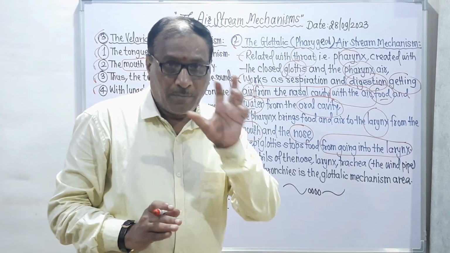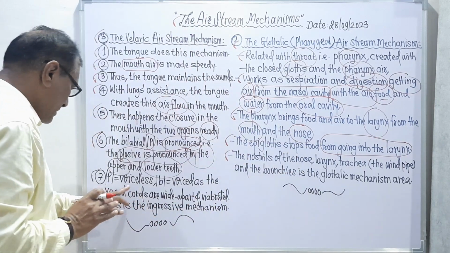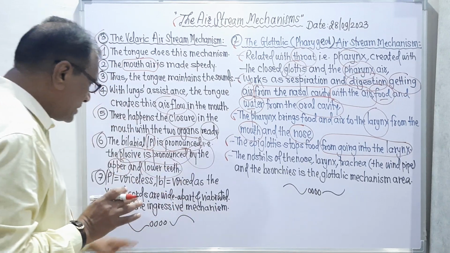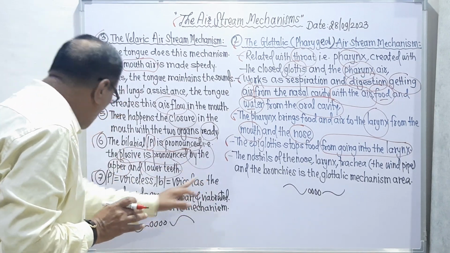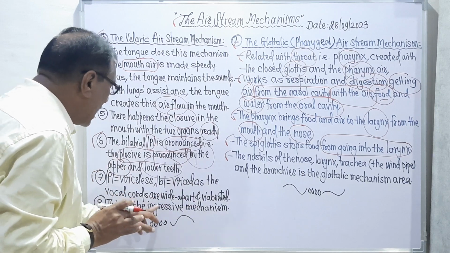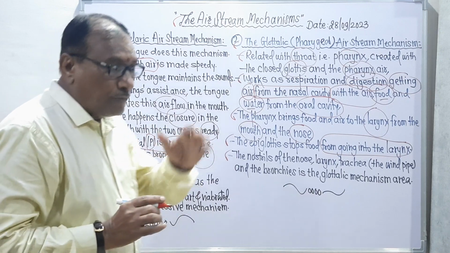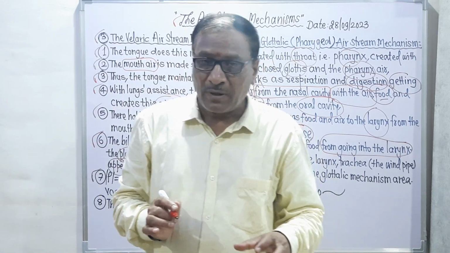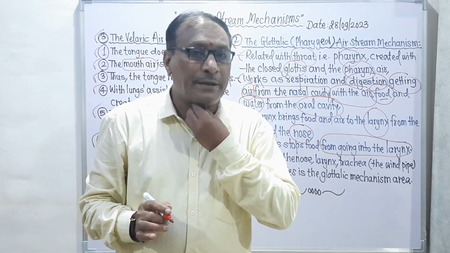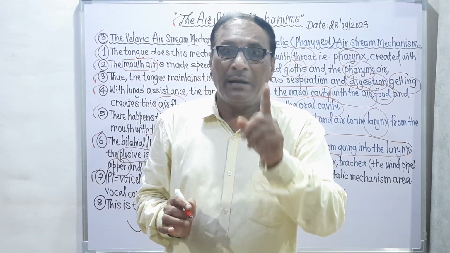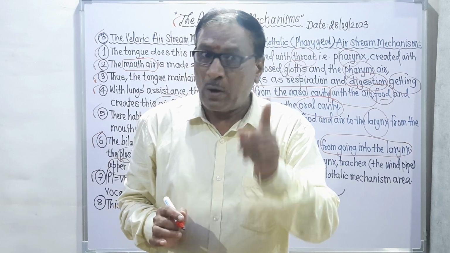So next is P is voiceless. Remember, P is voiceless and B is voiced. Why? Because the vocal cords are wide apart and vibrated. Remember, when the vocal cords, means our vocal cords are here. When the vocal cords are wide apart, then that sound is voiceless.